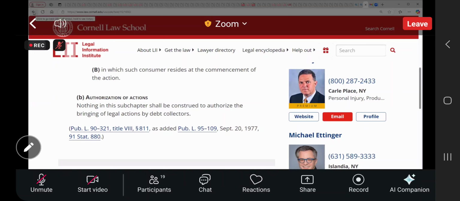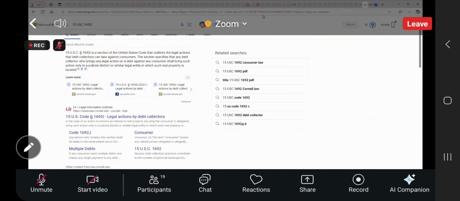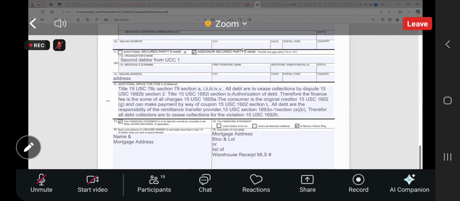But you have the knowledge now, because you have the UCC. I'm giving it to you. I didn't charge you $10,000 or $1,500 for this. You're screenshotting it now. Continuing. Therefore, the finance fee is the sum of all charge. 15 USC 1605. The finance fee is the sum of all charge. What are they talking about here?